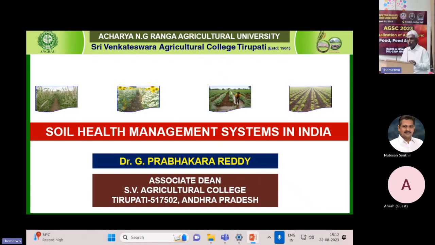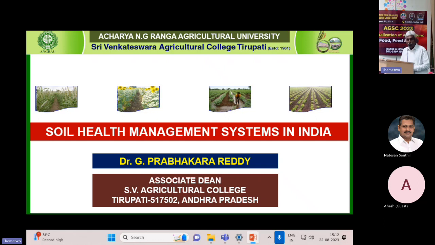Well, in the process of meeting our food grain requirement from independence in the 50s to today, 2023, a lot of efforts have been made on the part of scientists to generate different technologies to meet this food production program.